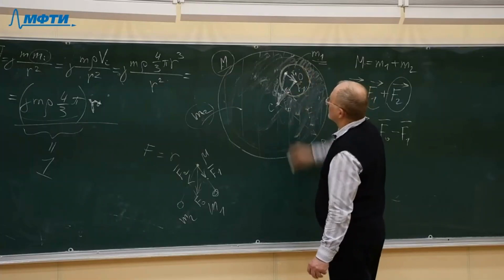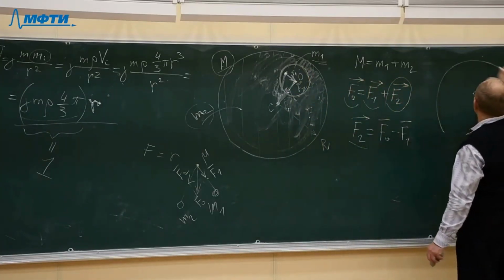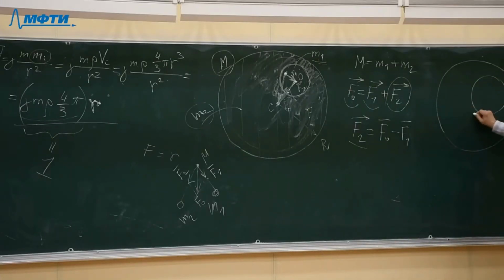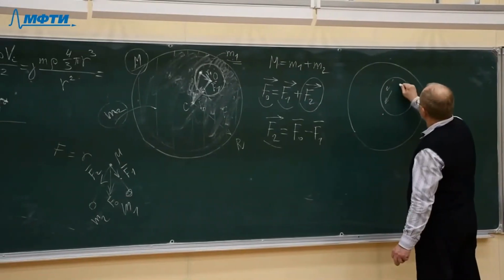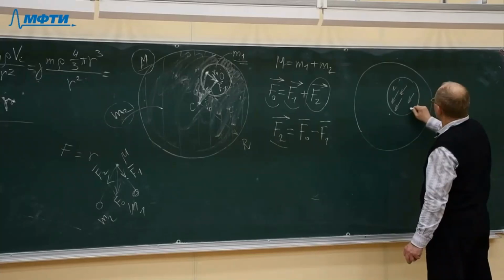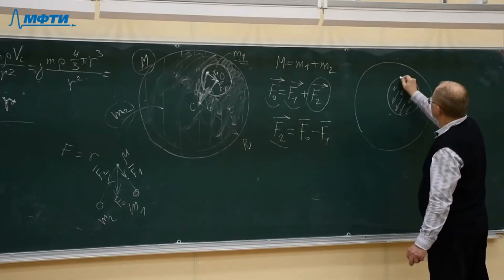Let me put it this way again. I will draw the picture again, and the small sphere here. The uniform gravitational field will be like this. Whatever point you choose, you will have the same field, with the same magnitude and the same direction.